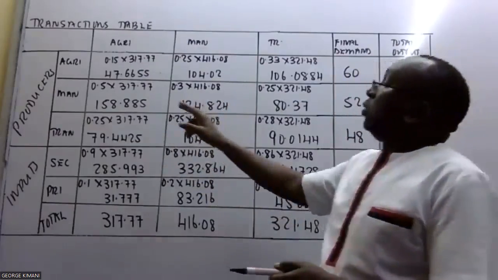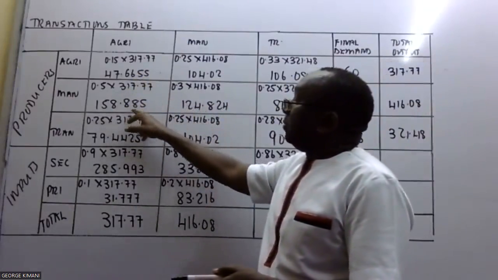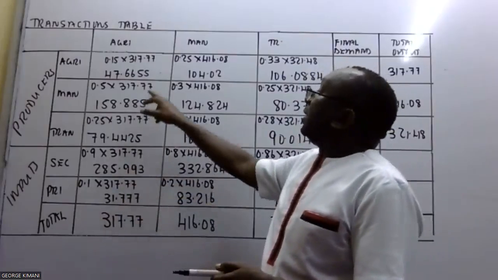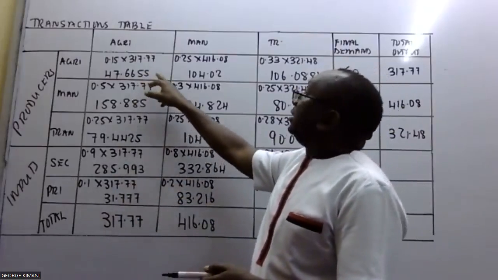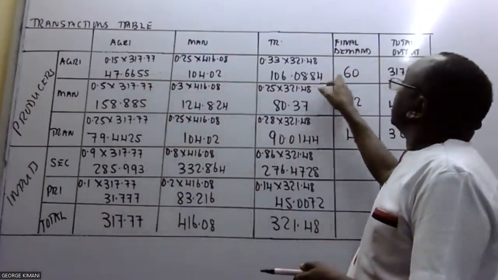The other point is that when you are interpreting a column, these are inputs. When you are interpreting a row, these are the uses of the output.